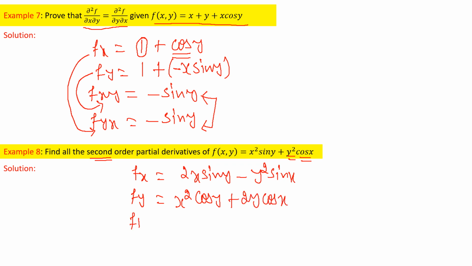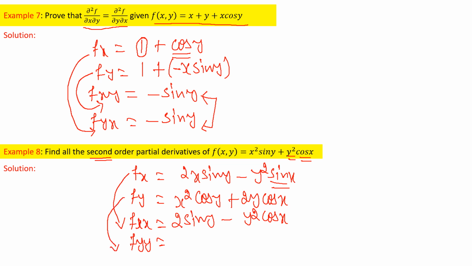If I find fxx, that means take the result of fx, differentiate again with respect to x. So this will give you 2 sin y minus y² cos x, since the derivative of sin x is cos x. If I find fyy, take the result of fy, differentiate this again with respect to y. So this will give you minus x² sin y plus 2 cos x.